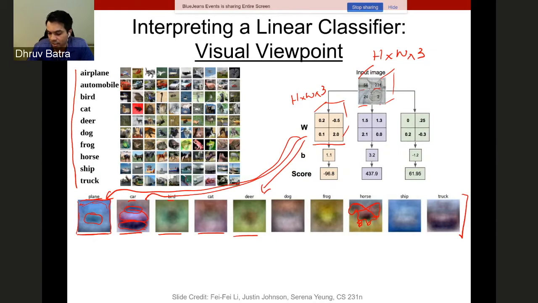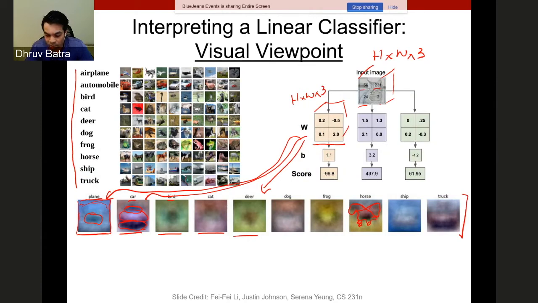One reason for that is that in the data set there may be some horses facing to the left and some facing to the right, and there aren't any weird angles of horses, or any top-down pictures of horses, or at least if they are, they're not the majority of the data set.